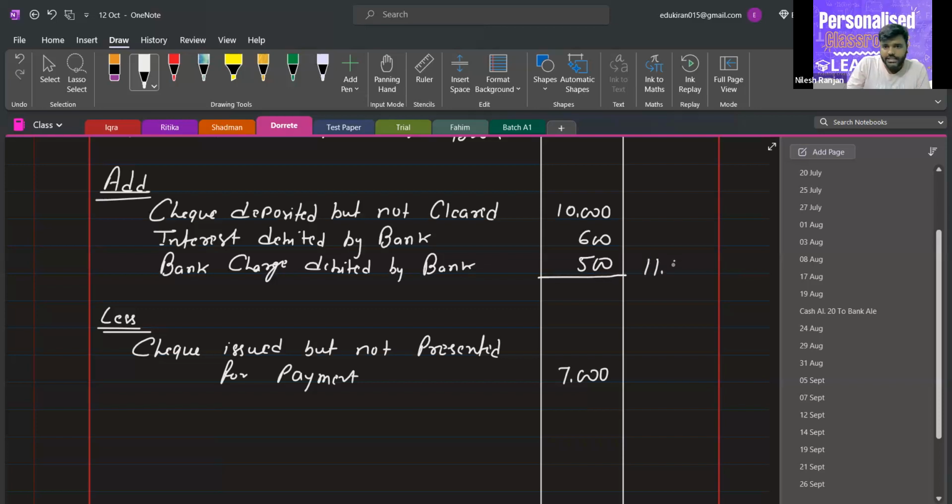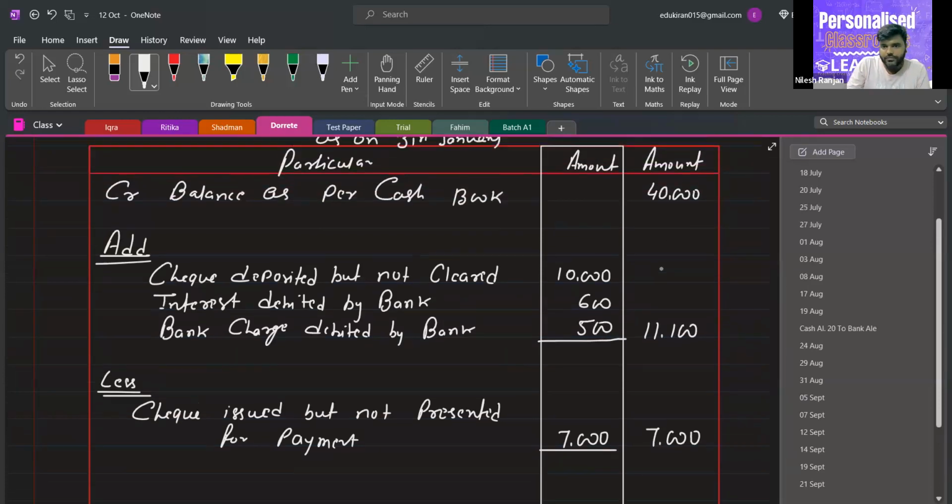So the total is 11,100 here and the total here is 7,000. Now the balance is 40,000. It will be added, so it will become 51,100.